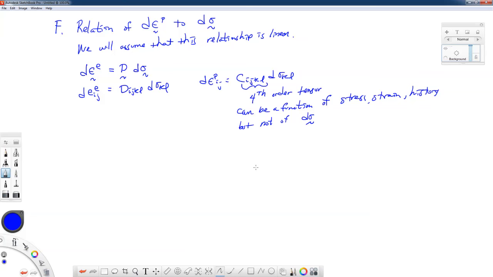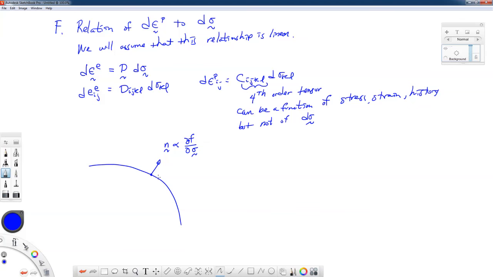Now, because this is a linear relationship, it has an implication based on what goes on at our yield surface. So here's our yield surface. We're at a stress state that is going to have impending plastic flow. Here's the unit normal, and we know that the unit normal can be determined as proportional to F with respect to sigma or S. And we know that the plastic strain increments go off in this direction.